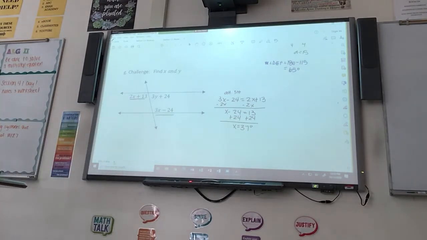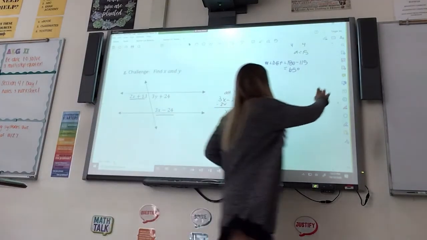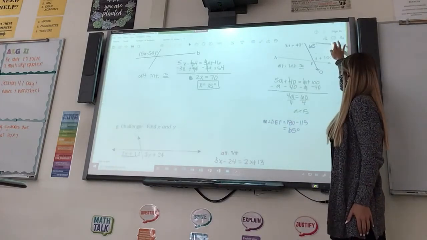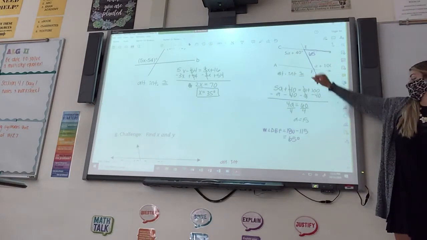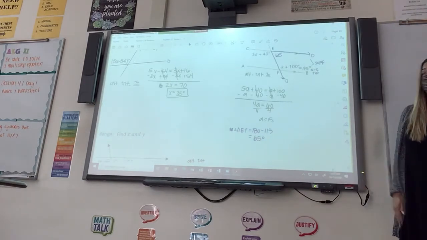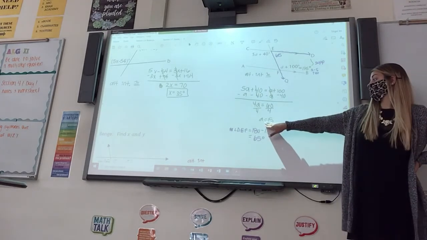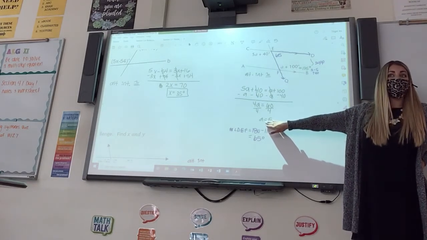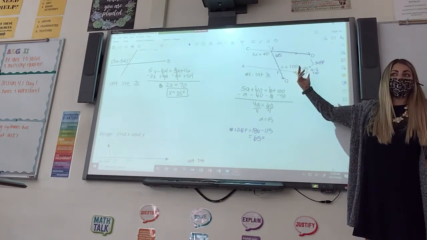What did we do with A in the previous problem? Once we found this, what did we do? John? You plugged it into one of the angles to see what the angle measure is.